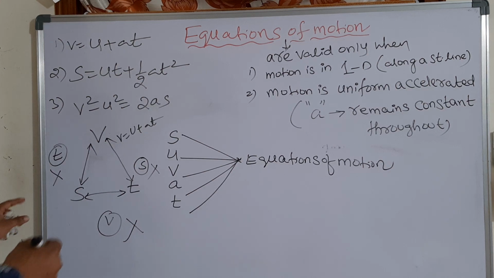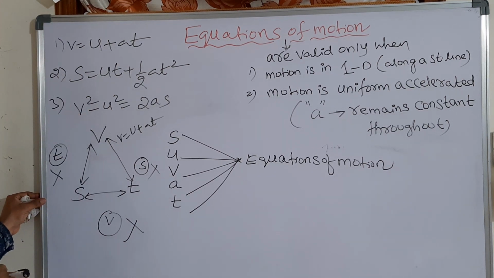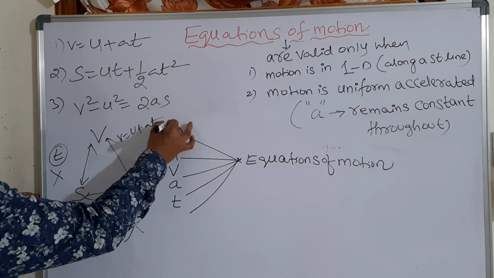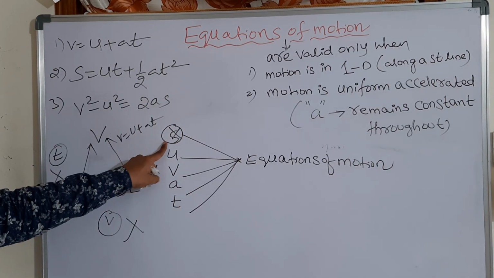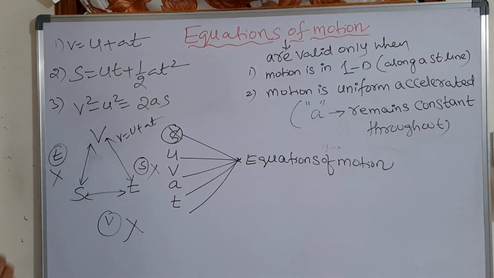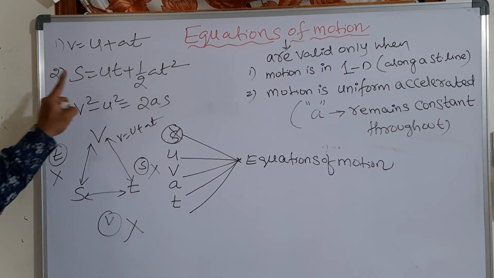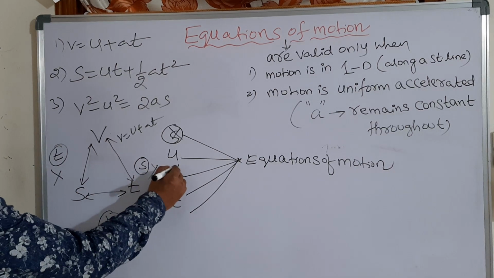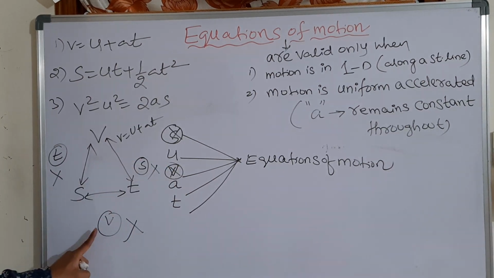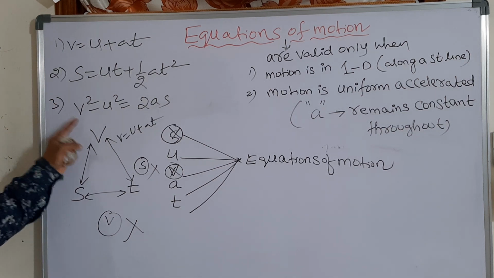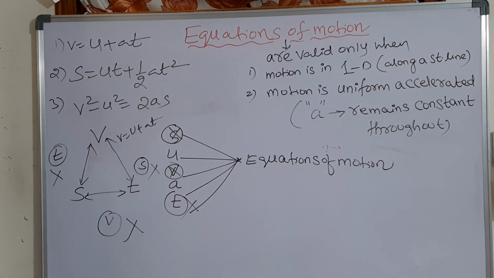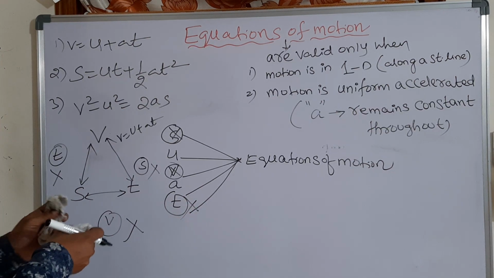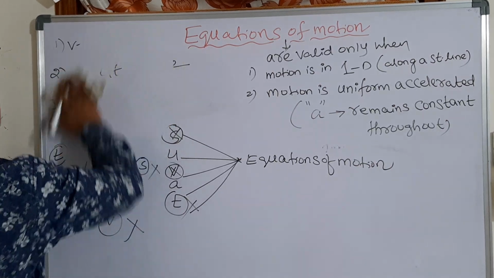So again, when s is not involved, use the first equation of motion. When final velocity is not involved, use the second equation of motion. When time is not involved, use the third equation of motion. This is the trick. Now see here a proof, each and every proof.